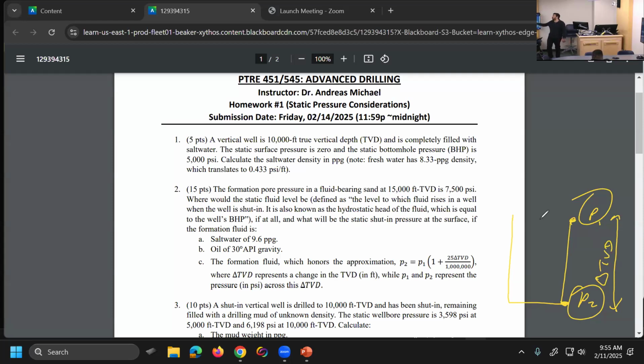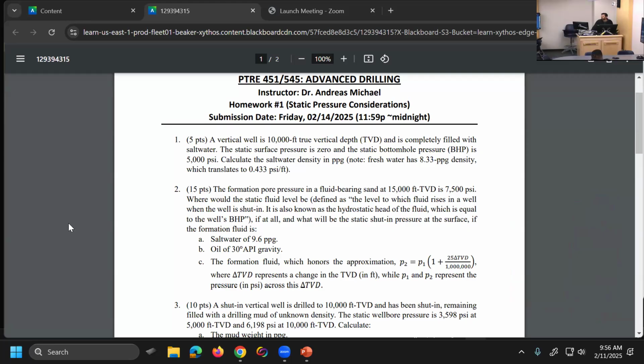Yeah. Okay, but you need to show it mathematically, and it's very, very simple. If I have gas, the static fluid level will be at the surface because I cannot get the pressure to be zero at any point. Like, if I say P2 equals 7,500 psi, I can use whatever delta TVD I want, and it will be positive P1, right?